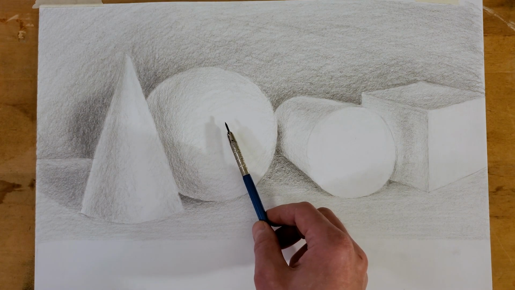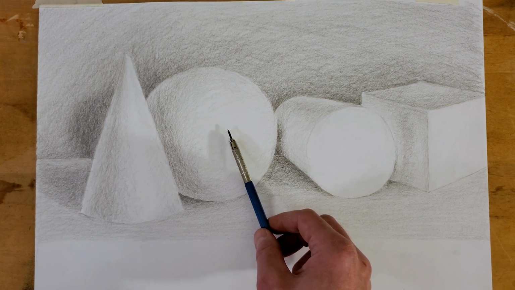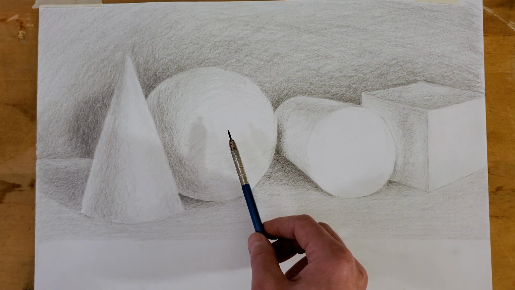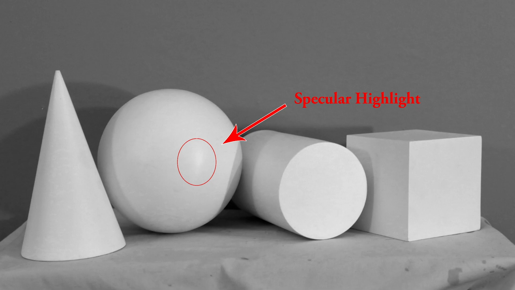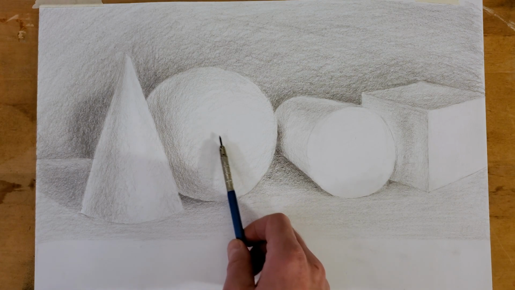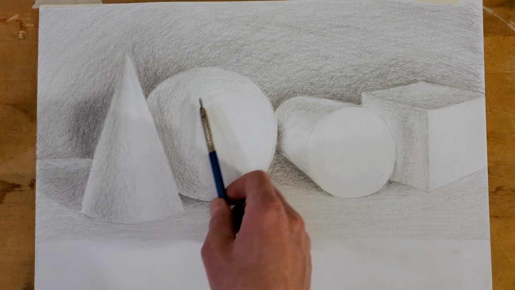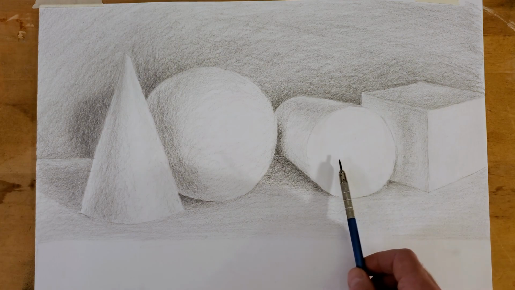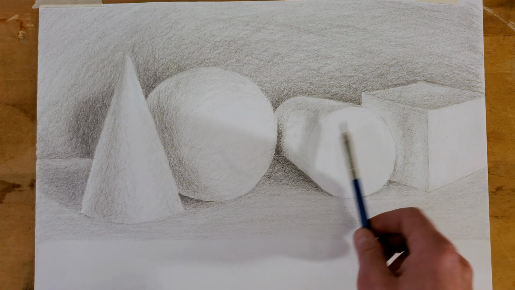It's not a specular highlight. Specular would be like a sharp reflection, and I'll point that out in the photo right now. Okay, but this is a diffused highlight. It's very soft from the whitest white to the next tone, which is a gray tone, which is not white. You'll also see over here on this shape and this shape, I put a little tone.